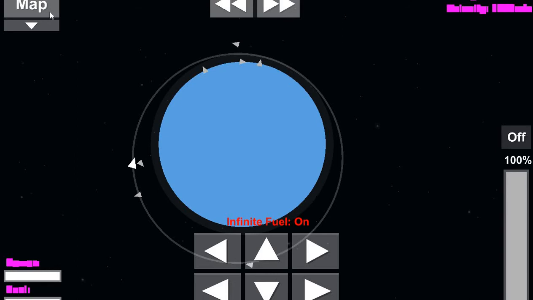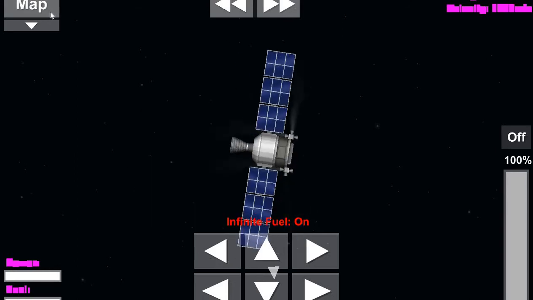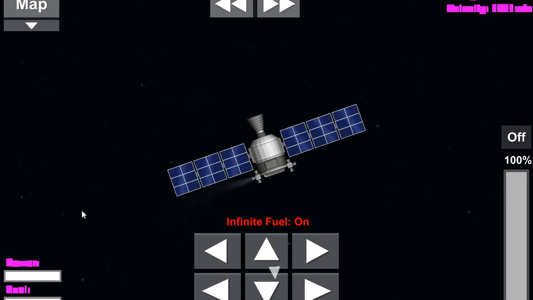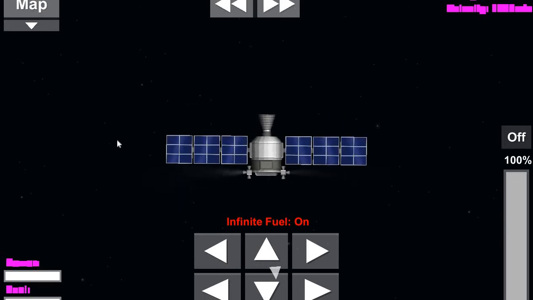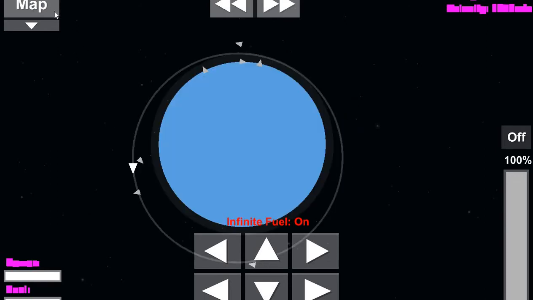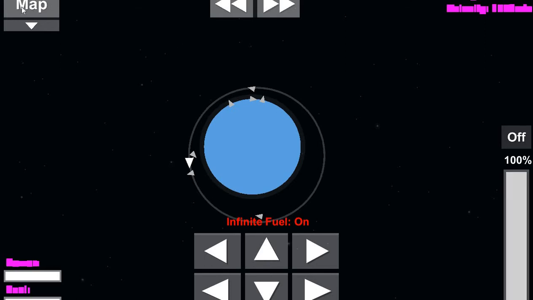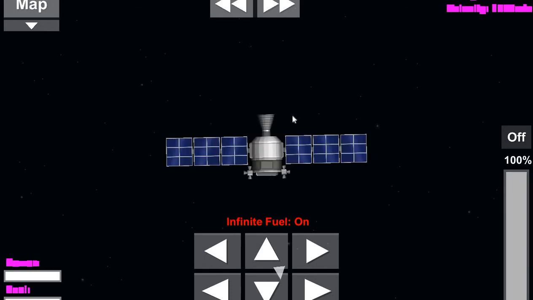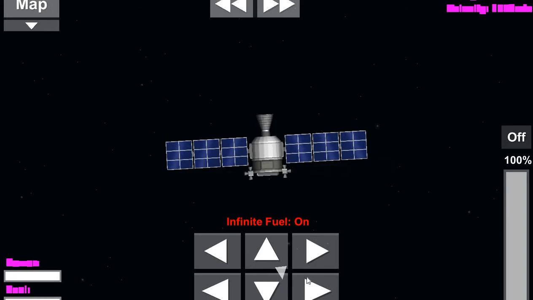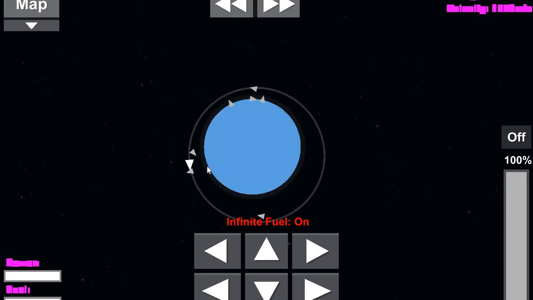And if we fire prograde, when we are pointing towards the direction of motion and we fire, the orbit increases because our speed also increases. As we are firing like this, more speed is achieved. So this is known as firing prograde, and the other one is known as firing retrograde.